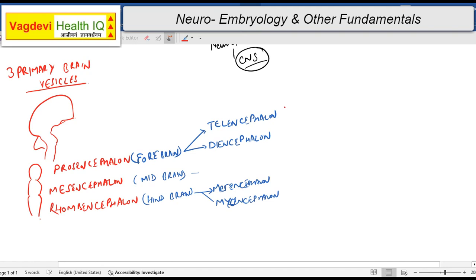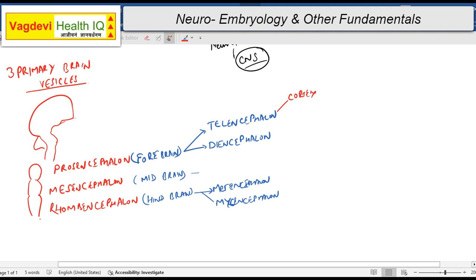Okay. So telencephalon. Telencephalon is something which gives which part of the brain? Anyone can say? Anyone? No? Okay, no problem. I'll tell you. This is very important, and on top, the highest point, it gives the cortex.